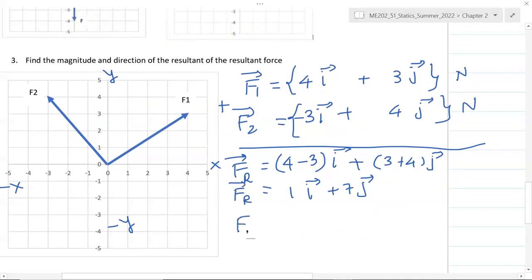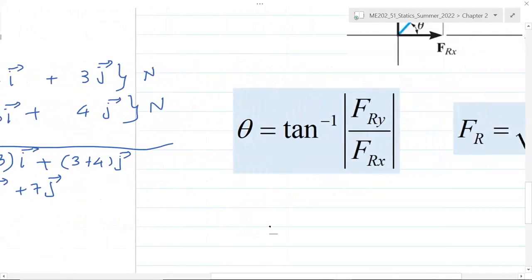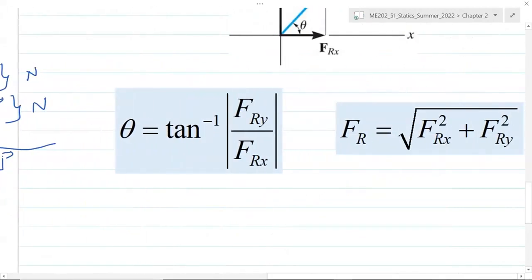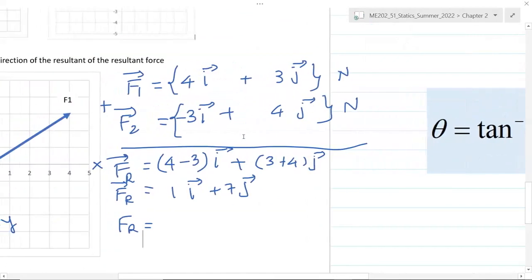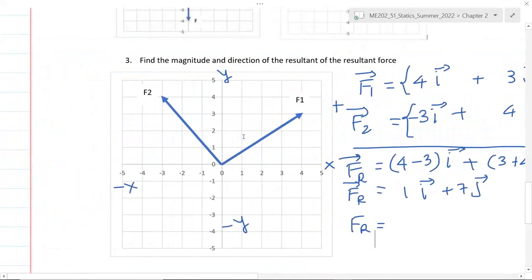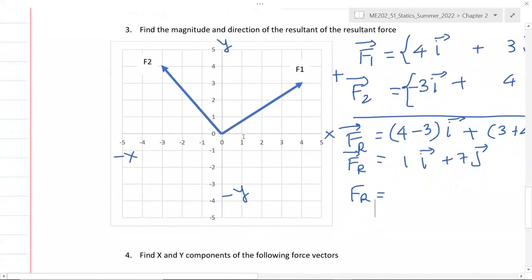The magnitude of the vector Fr can be calculated using this equation: square root of x component squared plus y component squared. An angle can be calculated using theta is tan inverse of Fry divided by Frx, where this part is called Frx and this part is called Fry. So Fr is square root of 1 squared plus 7 squared, which is 7.07 newtons.